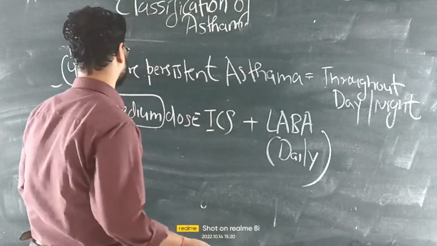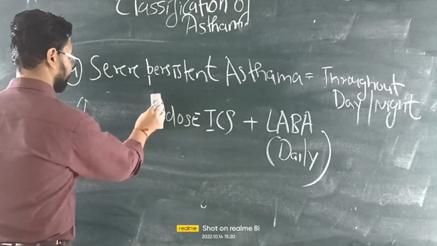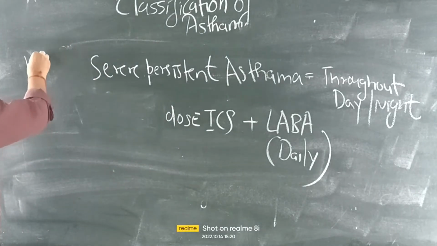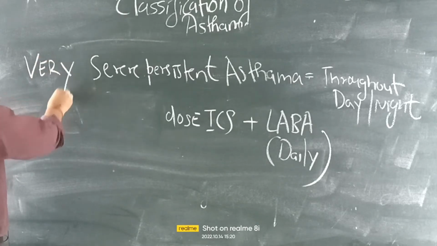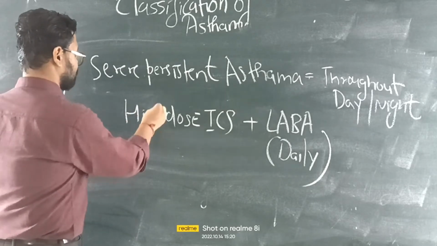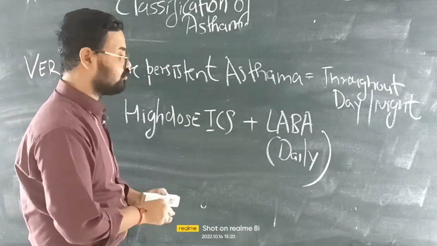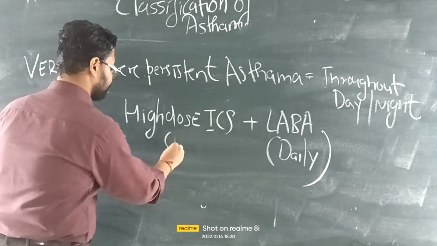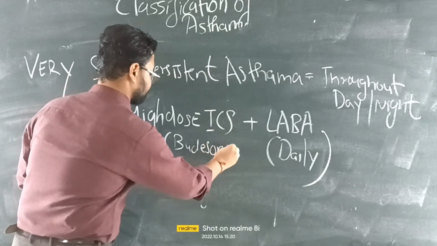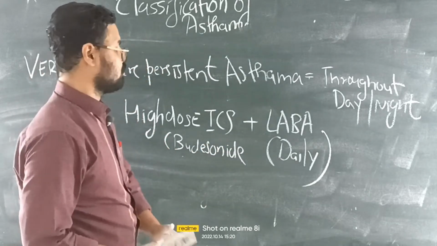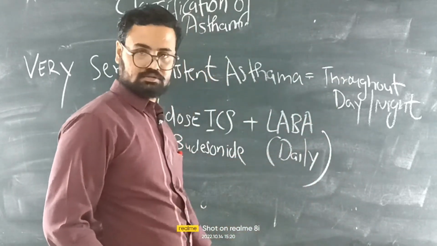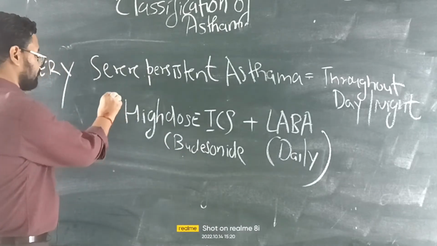Last but not the least, very severe persistent asthma. Here we will provide high dose inhaled corticosteroid, that is budesonide, plus long acting beta agonist, that is formoterol, daily. The dose will increase.